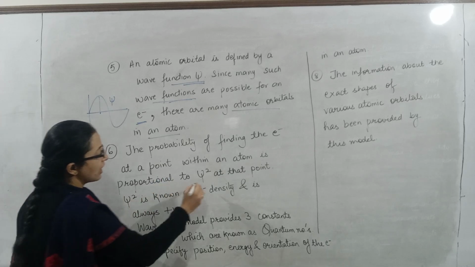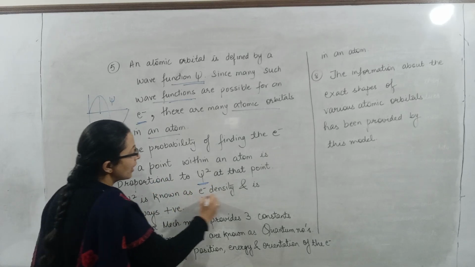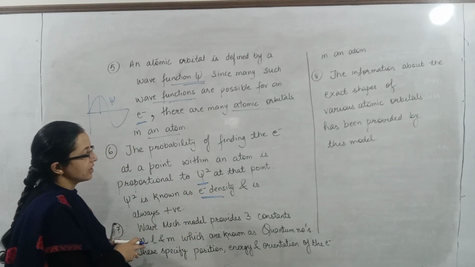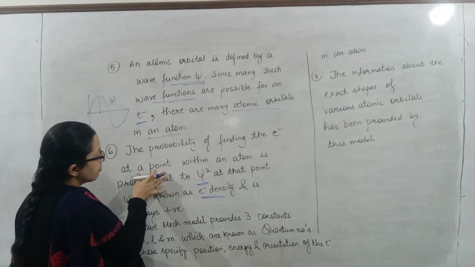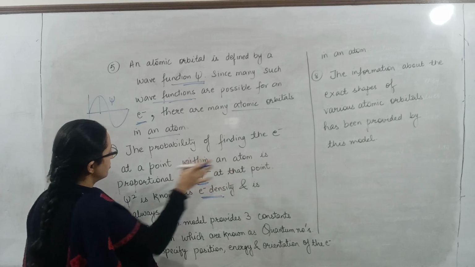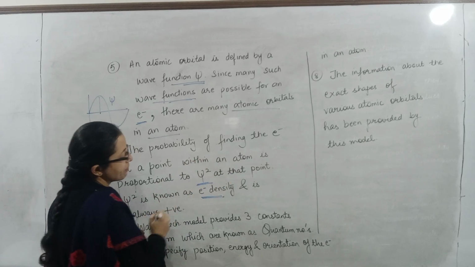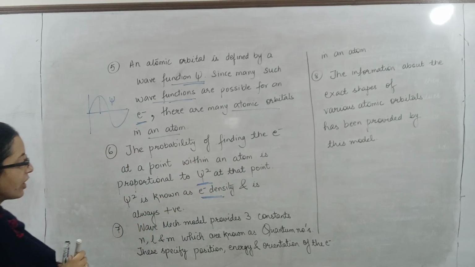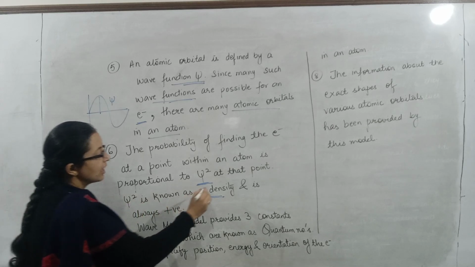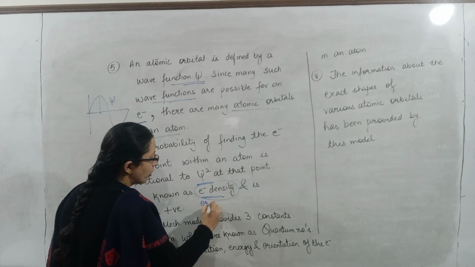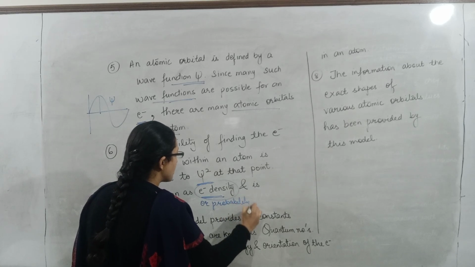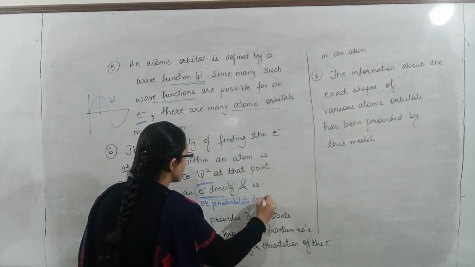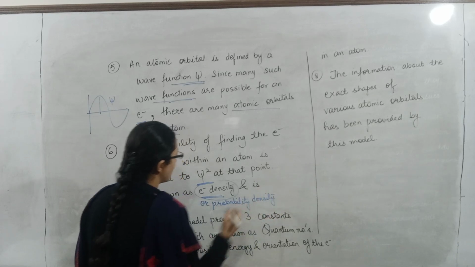Now the square of psi is called as electron density or probability density. And the probability of finding the electron at a particular point within an atom is proportional to psi square. Okay, psi square at that point. Psi square is known as electron density or probability density.